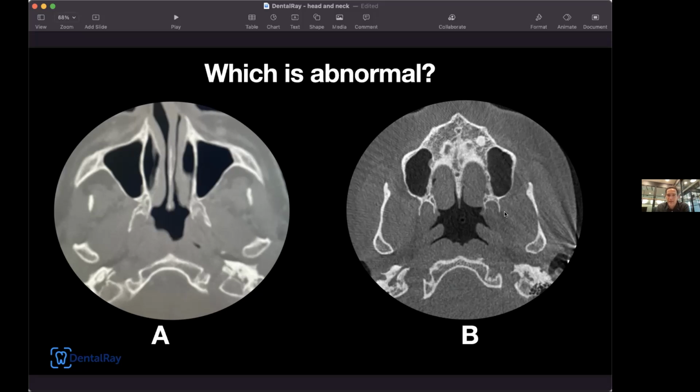And again, I just emphasize the quality of imaging that you guys are getting in your offices with the accredited cone beam CT scanners is really amazing. This is highly detailed anatomy of the nasopharynx.